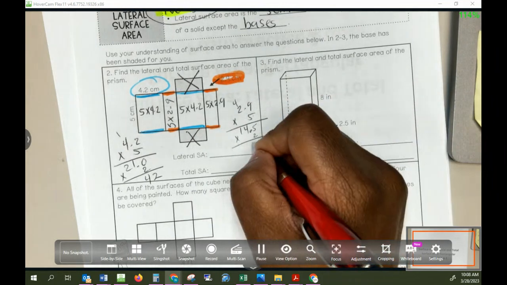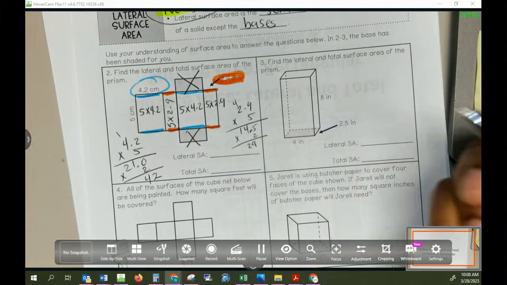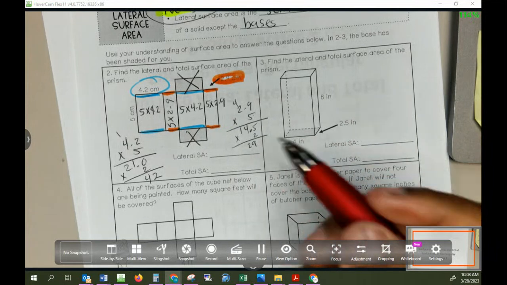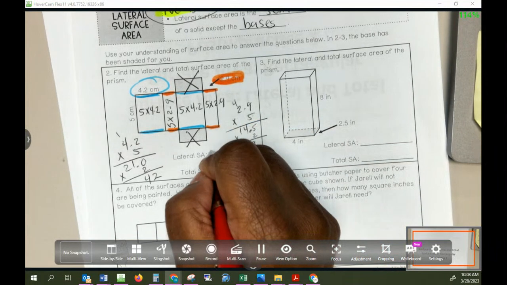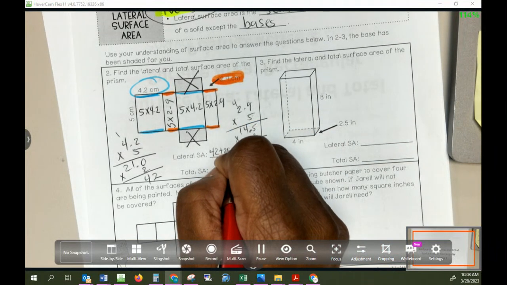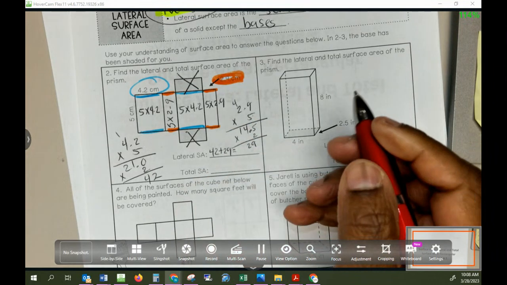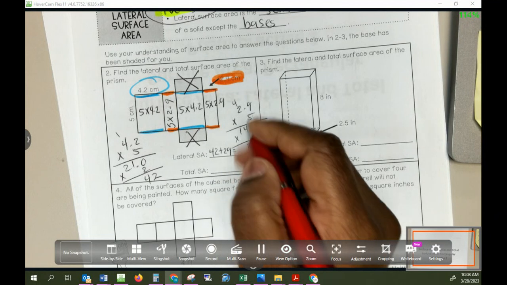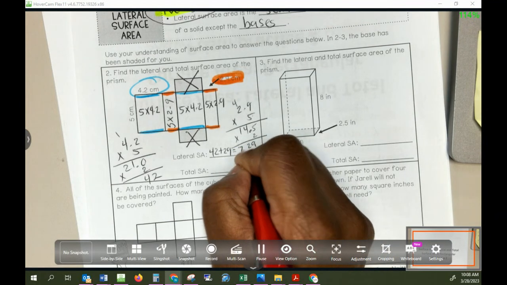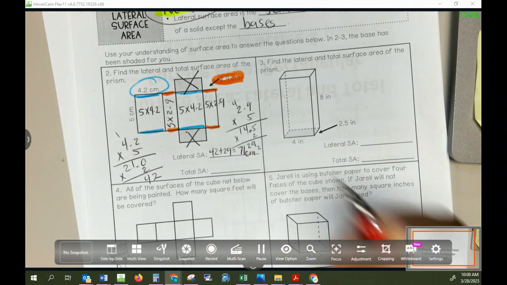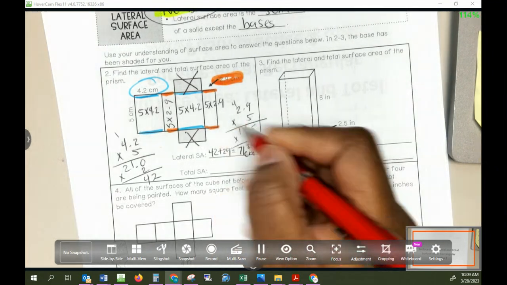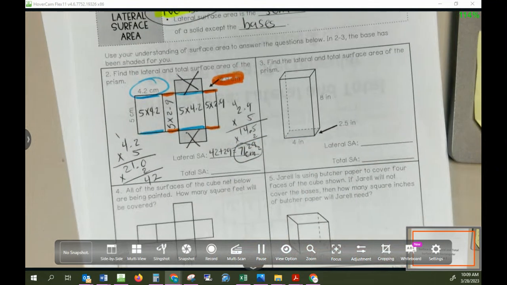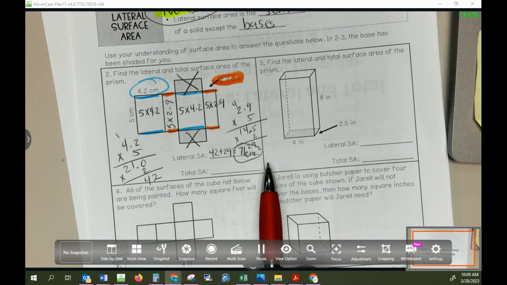So that's 29. So now I have to add those up. That's 42 plus 29. That's 71 centimeters squared. So my answer will be 71 centimeters squared for that.